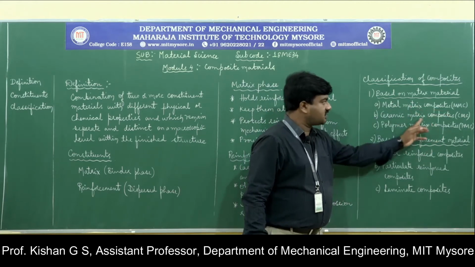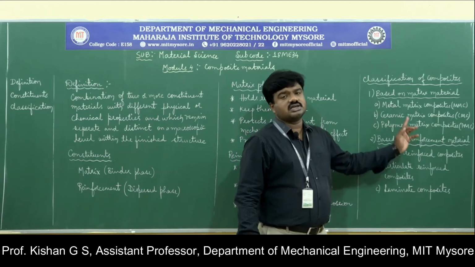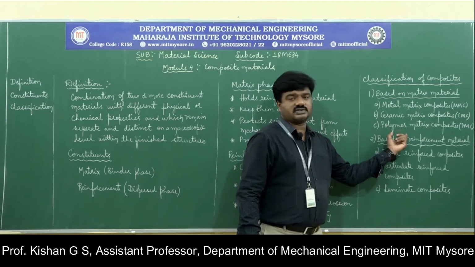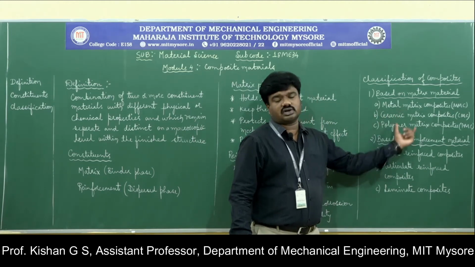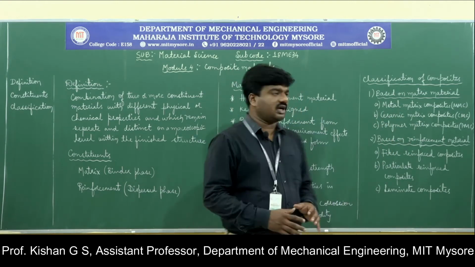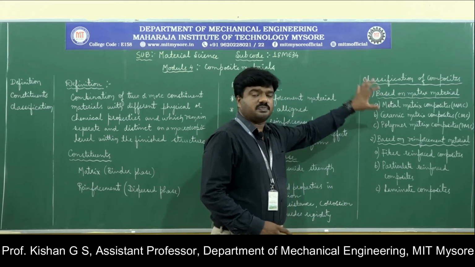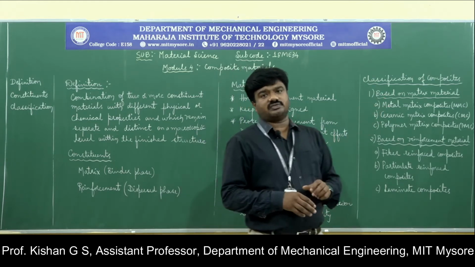Here the matrix material is made out of ceramic materials, and hence it is called ceramic matrix composites. And finally, if the matrix phase is polymer or resin or organic polymer, then you are going to consider the classification as polymer matrix composite. So here all the 3 types of classification under matrix phase is based on the type of matrix which is considered to bind the reinforcement.